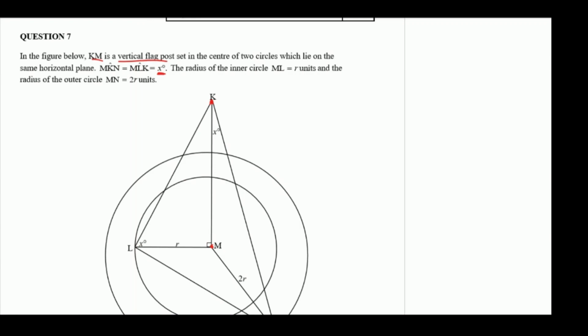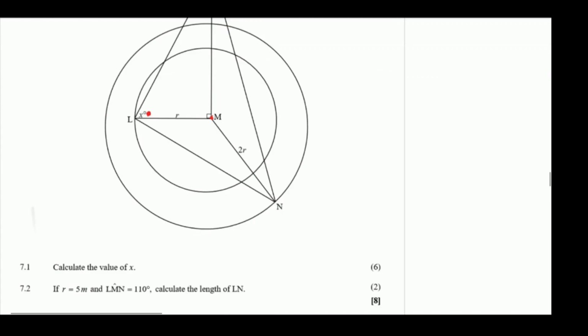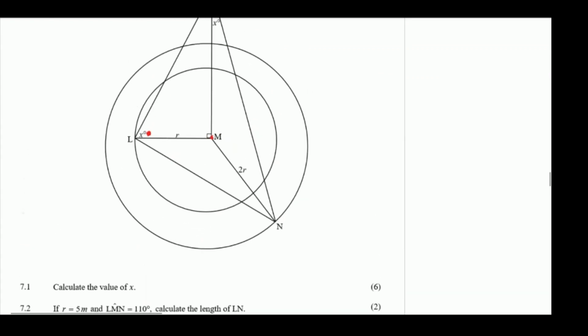As you can see, this x value here is the same as this x value there. The radius of the inner circle is r units, and the radius of the outer circle is 2r. So we are given all of that information. Now we are asked to calculate, in 7.1, the value of x.